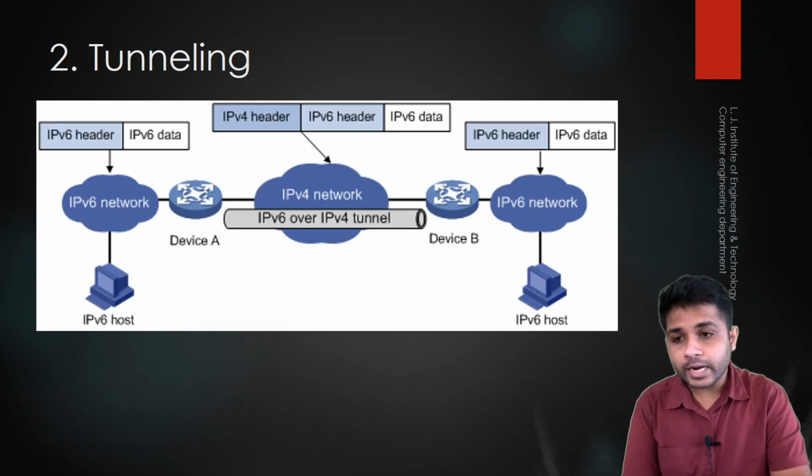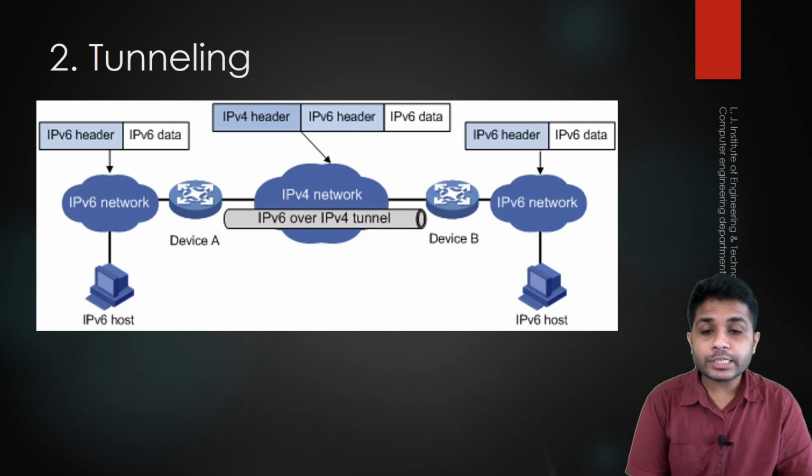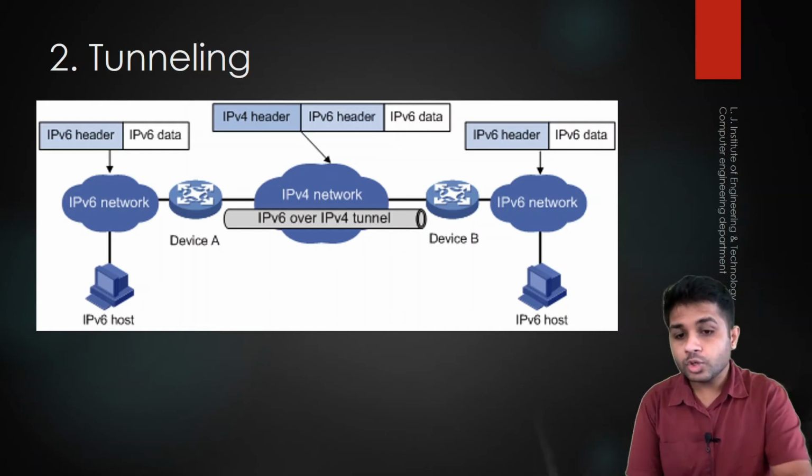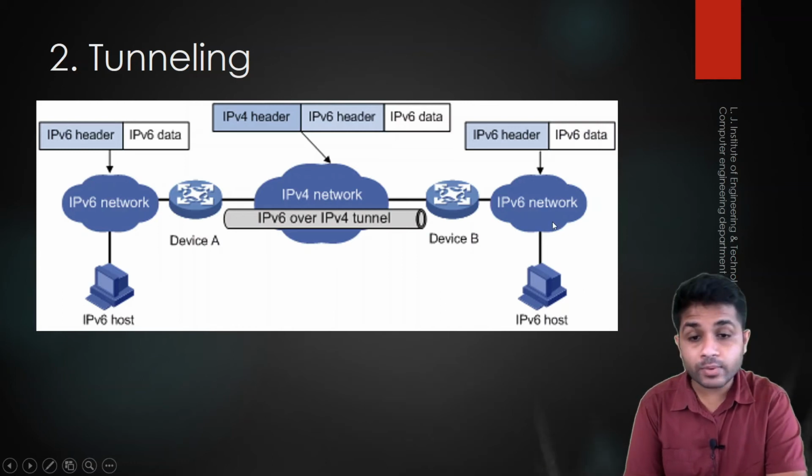Now let's see the second method, that is tunneling. What is tunneling? Tunneling means that we will add some extra data to the original data. You can see that there are two devices, an IPv6 host and an IPv6 host, and these two devices are working on an IPv6 network, which means these are the advanced devices.